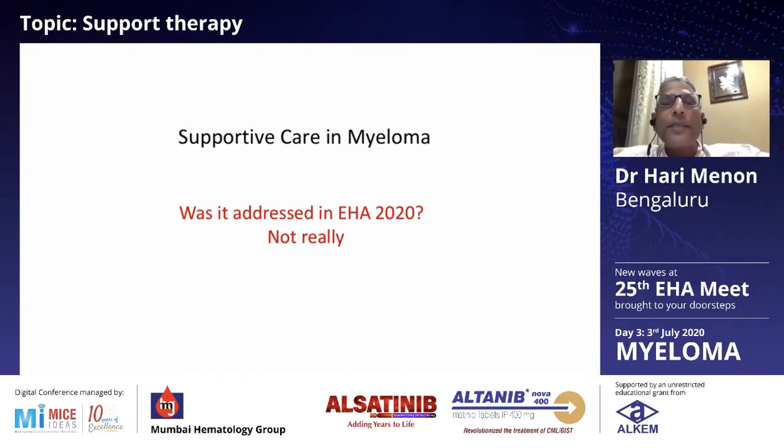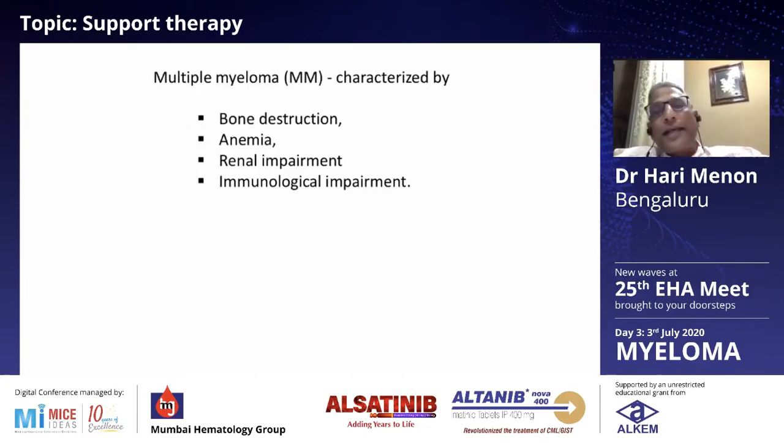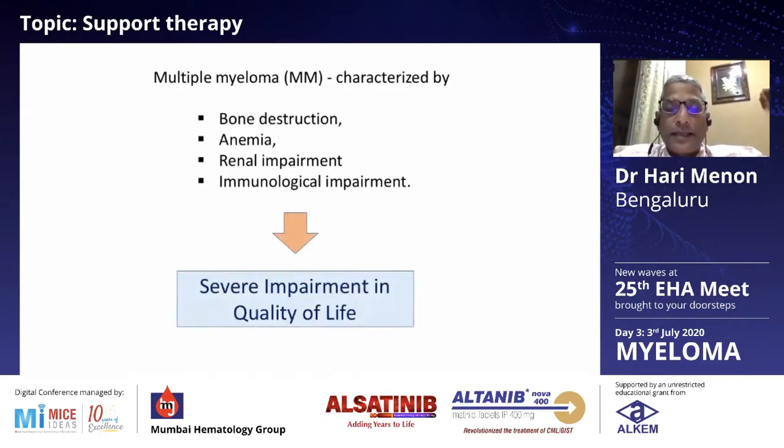We do understand that multiple myeloma is characterized by several other problems, primarily bone destruction, anemia, renal impairment, and immunological impairment, which are direct consequences of the disease. This really results in impairment of quality of life for the patient. Though the patients present with many of these symptoms at the time of diagnosis, while we do treat the myeloma and get it under control, some of these symptoms tend to remain, which can impair the quality of life of the patient.